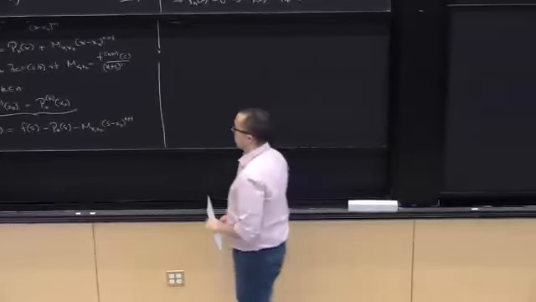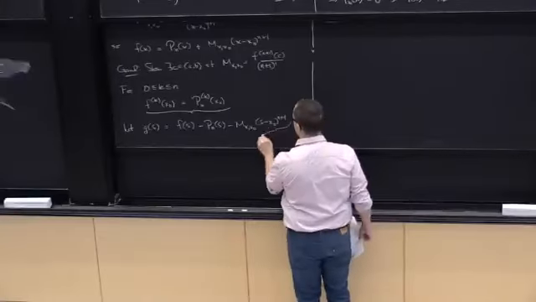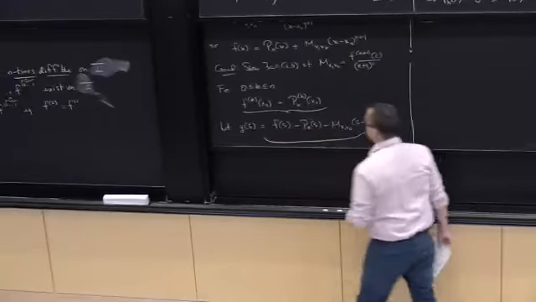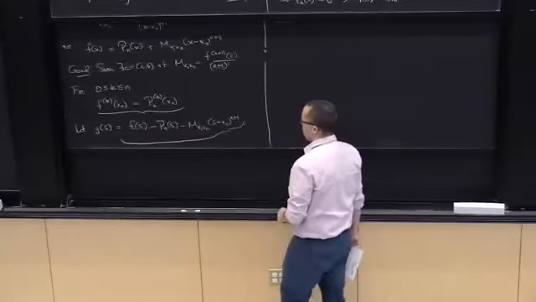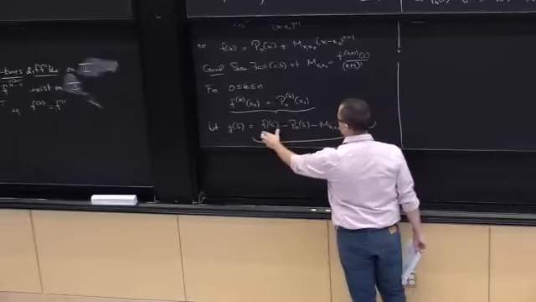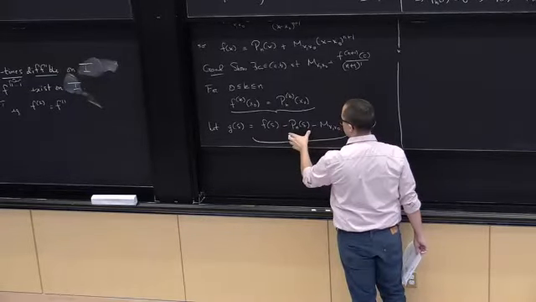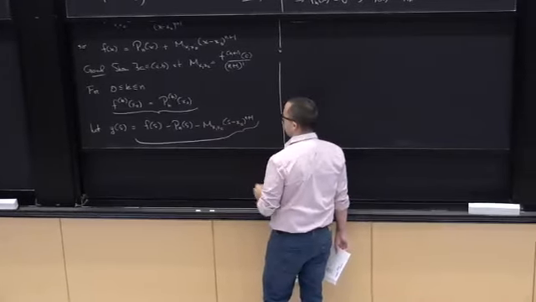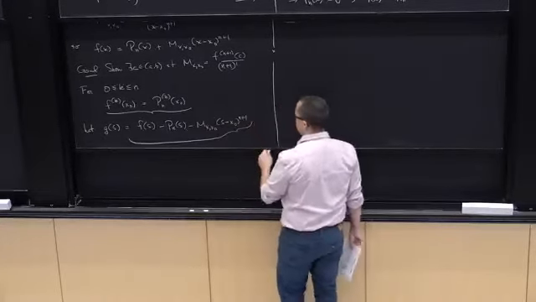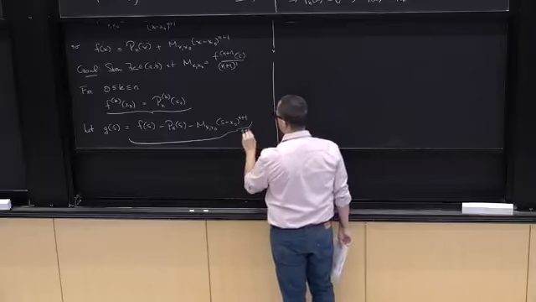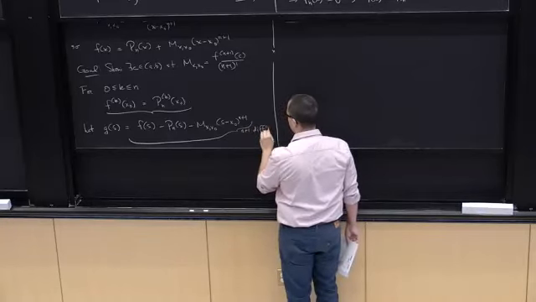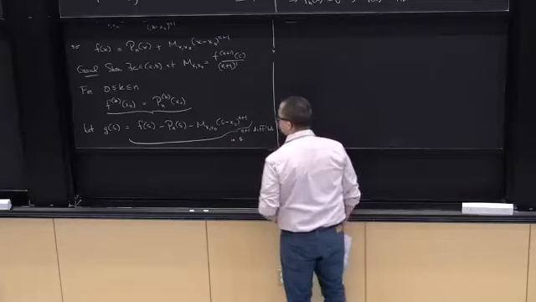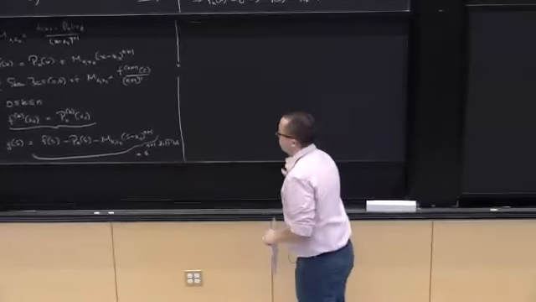And something to note is that this whole function g is n plus 1 times differentiable: f is n plus 1 times differentiable, this is a polynomial so it's n plus 1 times differentiable, and this is just a polynomial also in s, so it's n plus 1 times differentiable in s. Okay?